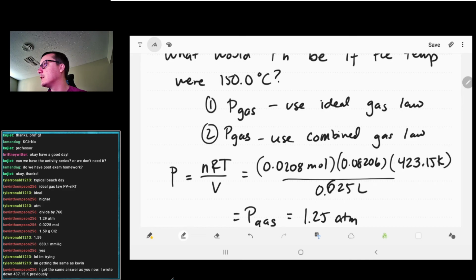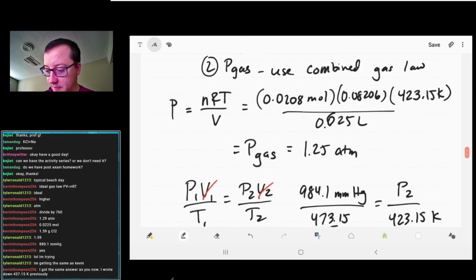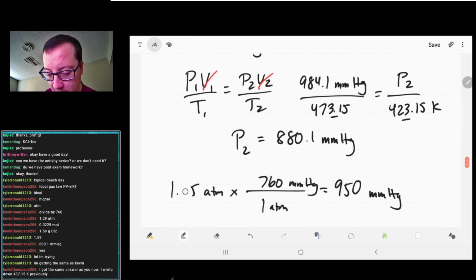All right, if you do this, you will get 1.15 atmospheres. If you convert that, times 760, I get 876.8 millimeters of mercury. And that's sufficiently close.